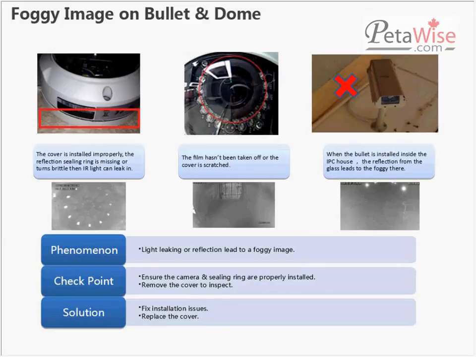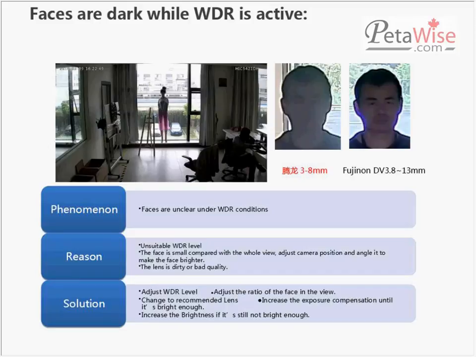Another issue we have is regarding facial recognition. This is usually something that happens with WDR. You can see this woman here, she's standing in front of a bright window, and this is an ideal environment where we would want to use WDR because we have a relatively shaded room here, but very bright light coming in from the outside.